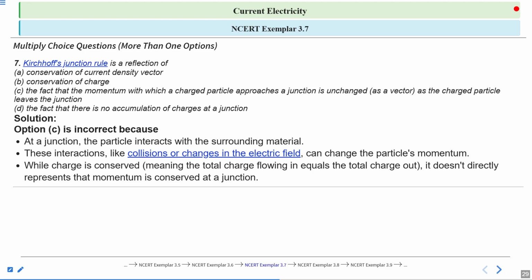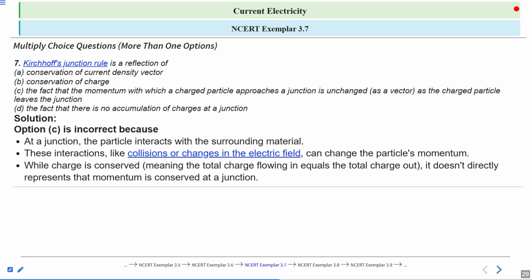Charge entering the junction should be equal to charge leaving the junction, meaning the total charge flowing in is equal to the total charge out. It doesn't directly represent that momentum is conserved at a junction. So momentum can be different before entering the junction, or different for charges leaving the junction. It is not necessarily required that momentum should be conserved.